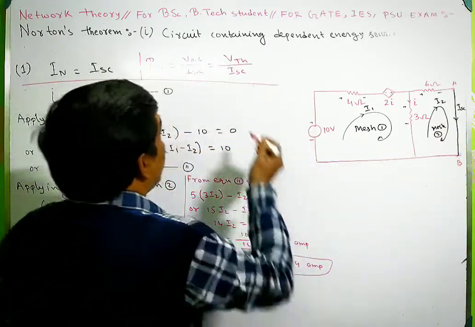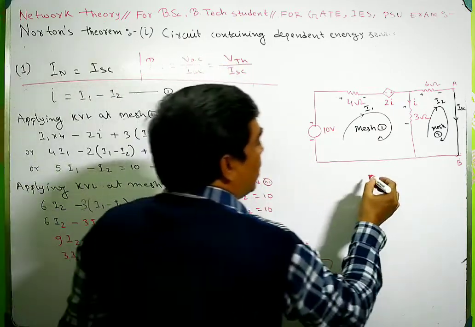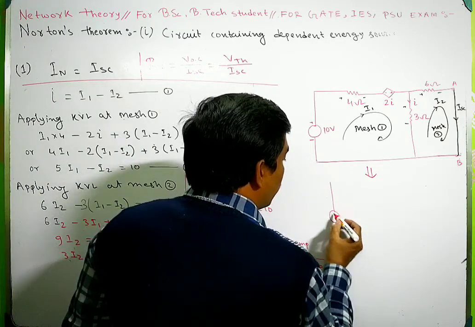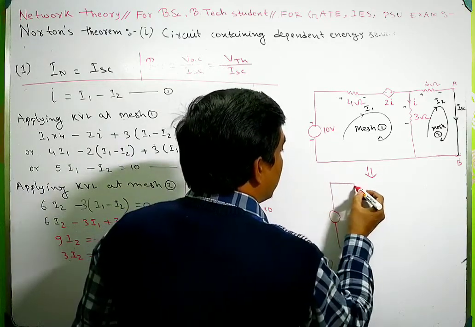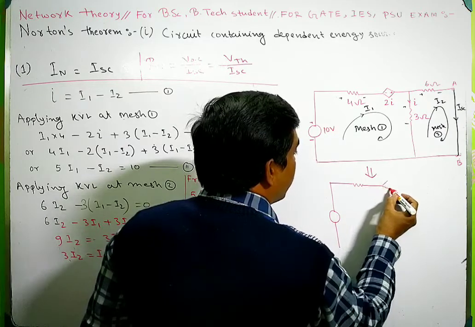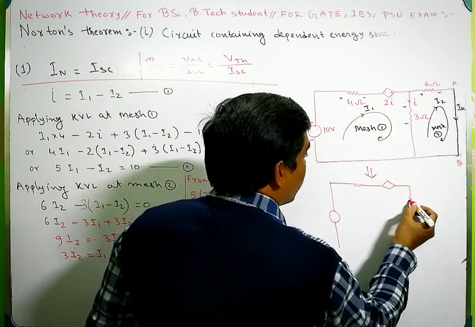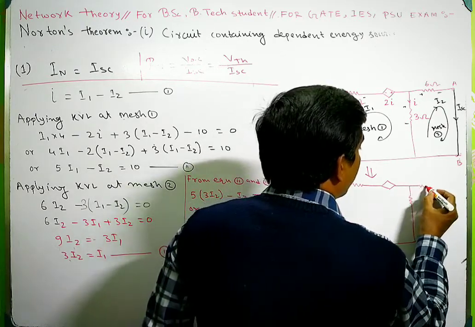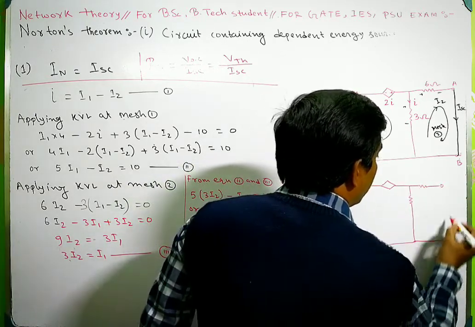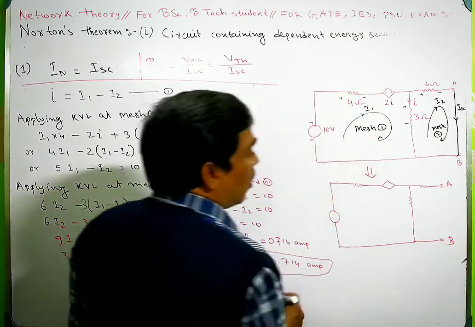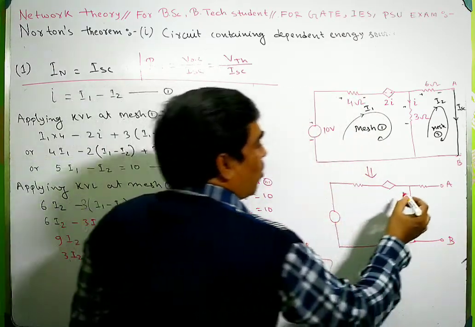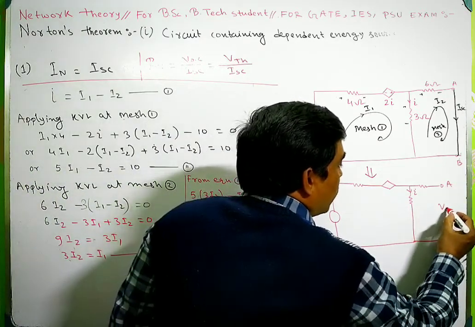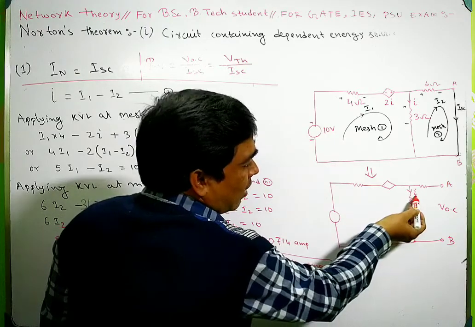So to calculate this RN, you have to calculate the open circuit voltage across the open circuit terminal. This is the open circuit. So if you want to calculate the open circuit voltage VOC, you have to calculate this I.